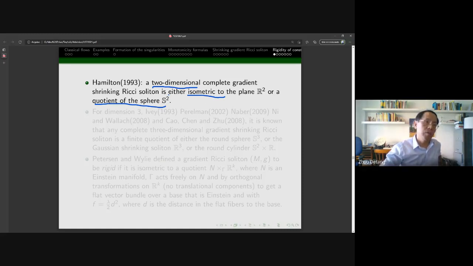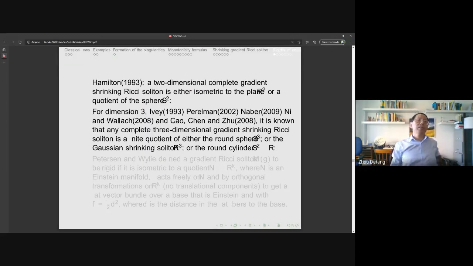And later, for the three-dimensional case, there were a lot of works until 2008: first Ivey, Perelman, Naber, and Ni-Wallach. But finally, together, all these works, Huai-Dong Cao, Bing-Long Chen, and Xi-Ping Zhu proved that this is a collection of the works.